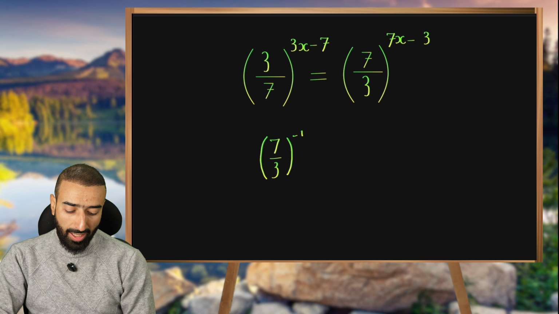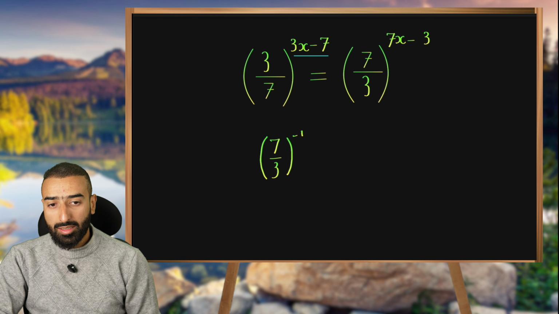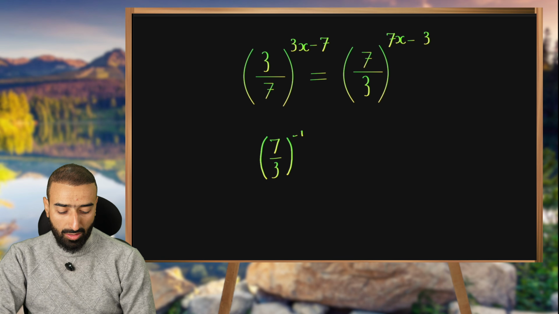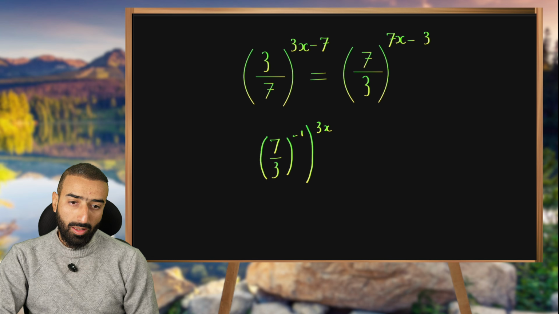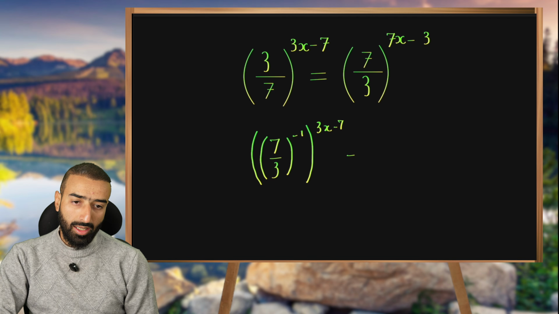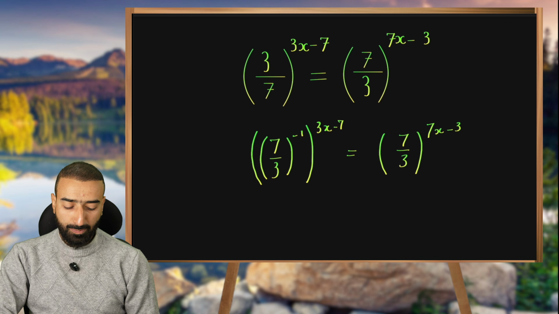But we also have a power of 3x minus 7 on the entire term. So we need to put an extra bracket here and write 3x minus 7. And the right hand side remains the same. 7 over 3 raised to the 7x minus 3.